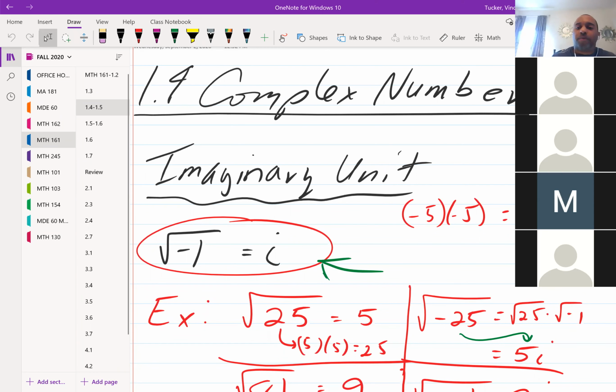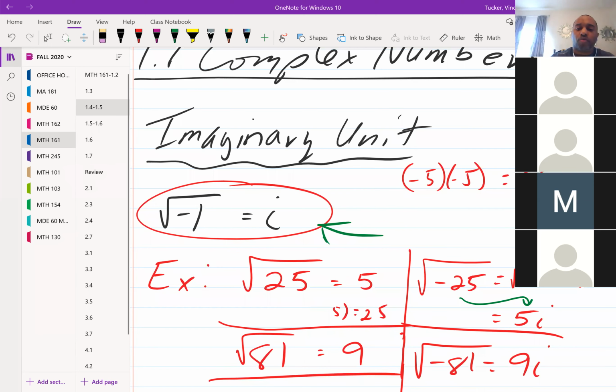So our imaginary unit is the square root of -1. Square root of -1 is going to be I. So when we're talking about taking the square root, erase some of this stuff. Whenever you're taking the square root of something, remember you're asking yourself what times itself twice will give me the number under the radical.